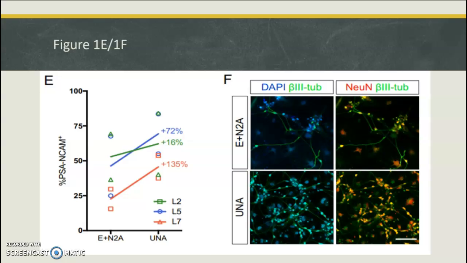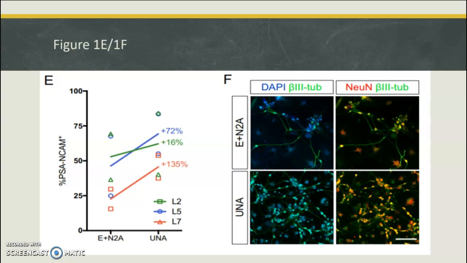Now I want to move on to figure 1e and 1f. Figure 1e describes a comparison on PSA-NCAM positive cells in the new construct UNA versus the old construct. These cell lines chosen in this particular experiment are L2, L5, and L7. And if you remember from figure 1b, these cell lines depict high, medium, and low performance respectively.